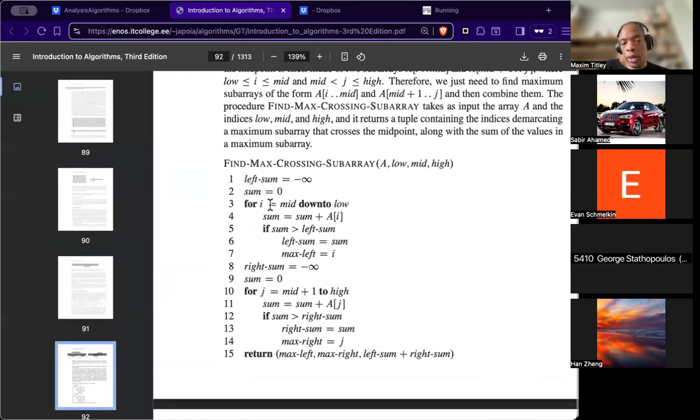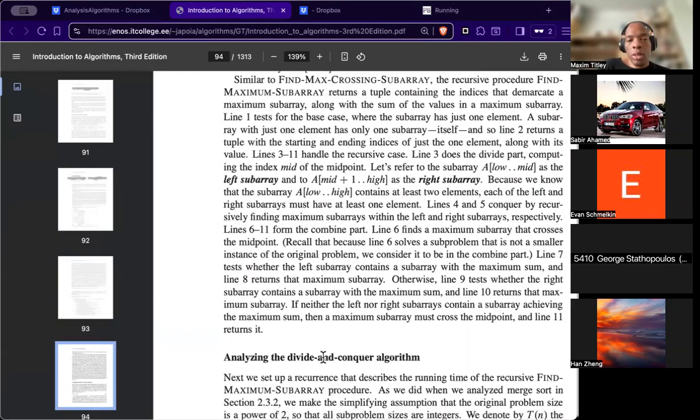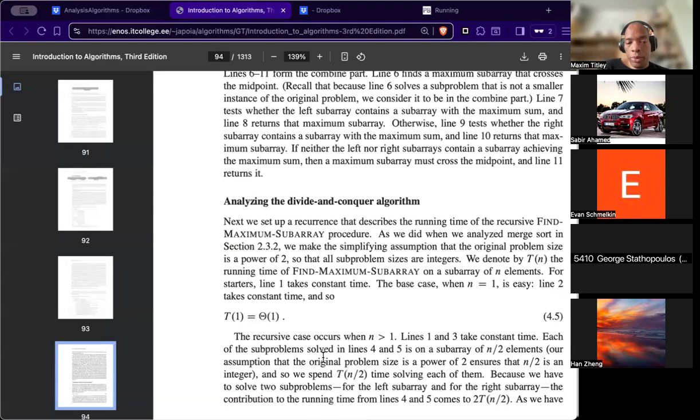Let's suppose that it was the left-hand side only. Then you would do just this right here. If it was the right-hand side only, then basically it would be just this part right up here, where it ends with the j, right? That's for not crossing boundaries. And then if it does cross boundaries, you do this big thing. So that's the entire problem.